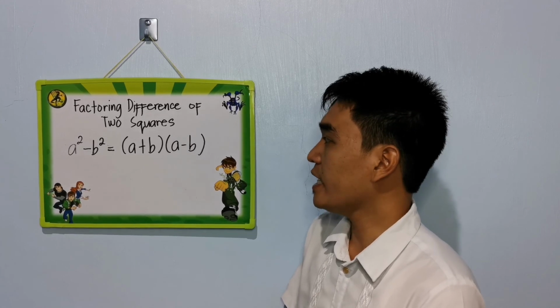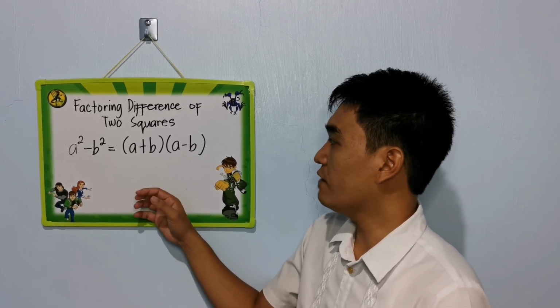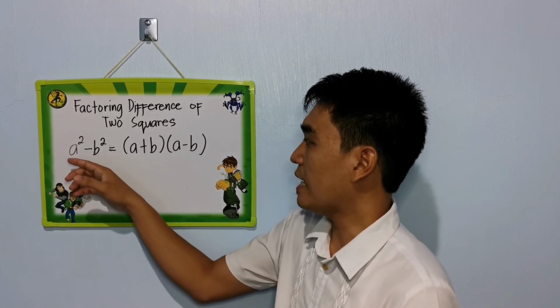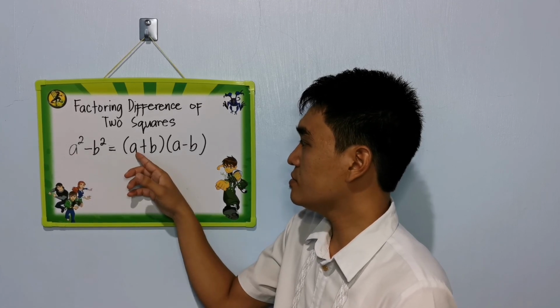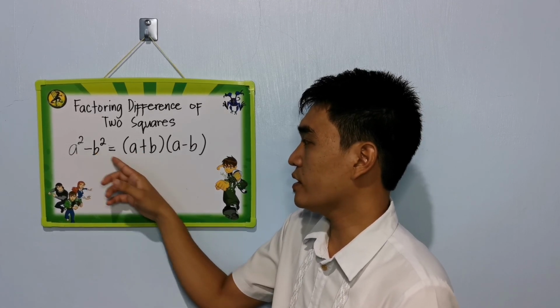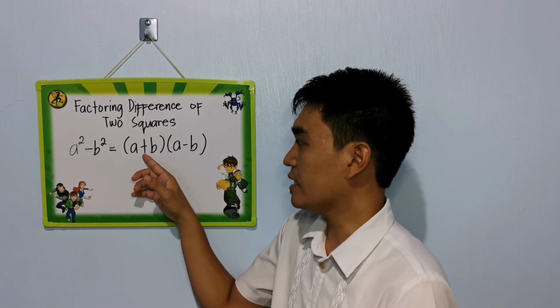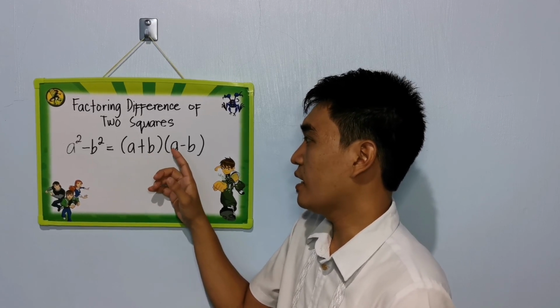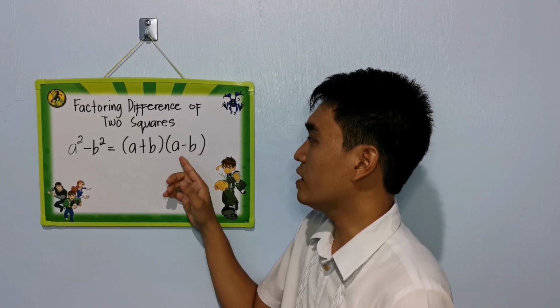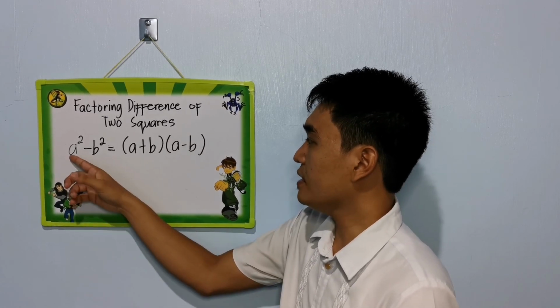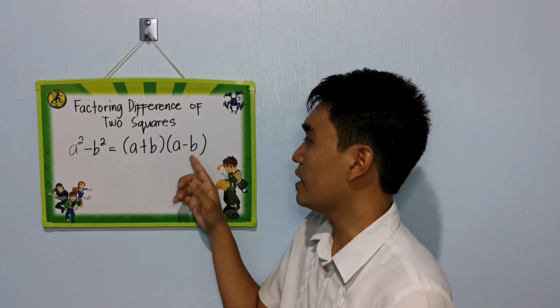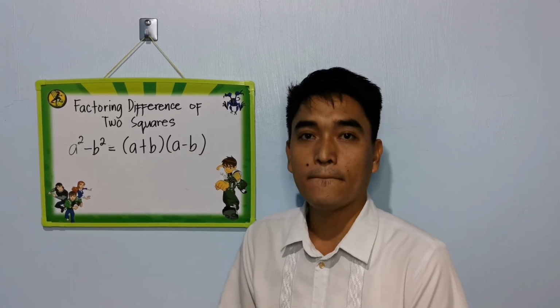Then the next step is to copy the first term, the same as true with the second term, and then put a plus sign between them. And then the second factor will be to copy the first and the second term and then put a minus sign between them.